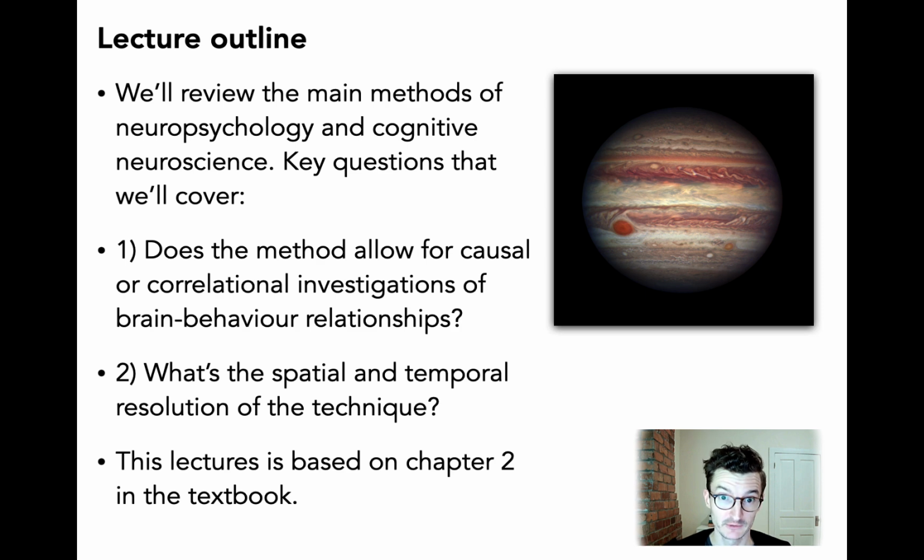So when I say causal, I mean that does the method allow us to conclude that the brain area of interest plays a causal role in the behavior we are studying? Or is the link just correlational?